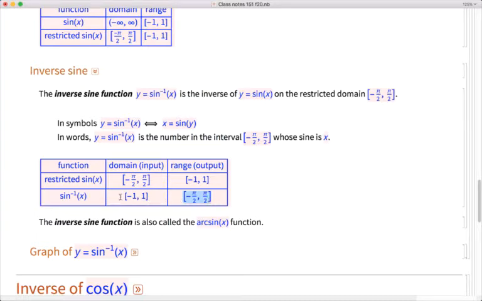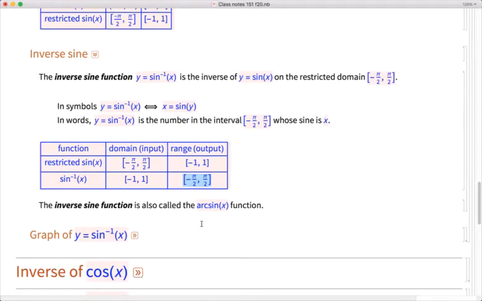The inverse sine function is going to take numbers between minus 1 and 1 and return numbers, that is output numbers, between minus pi over 2 and pi over 2. Okay, the alternate notation here is the inverse sine is sometimes also called the arc sine function. And you'll see me type that in the Mathematica commands.